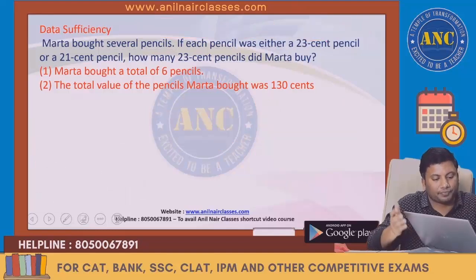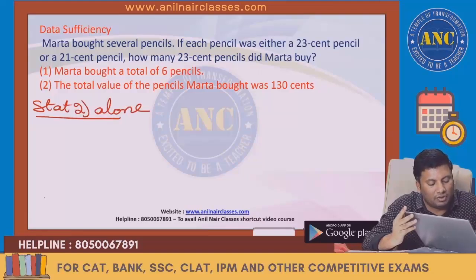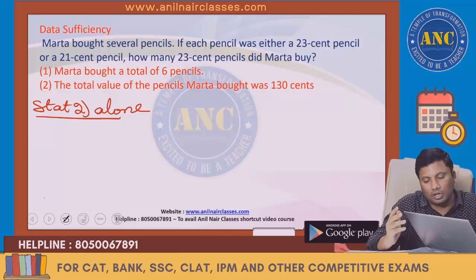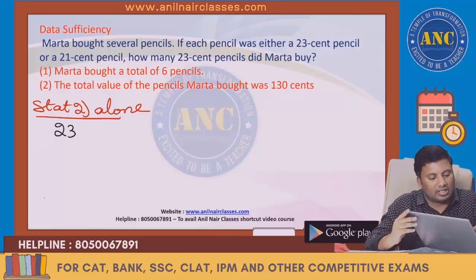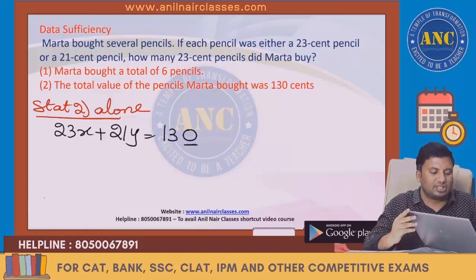Now see, statement 2 alone will give you the answer. 23x plus 21y is nothing but 130. The unit digit is 0.